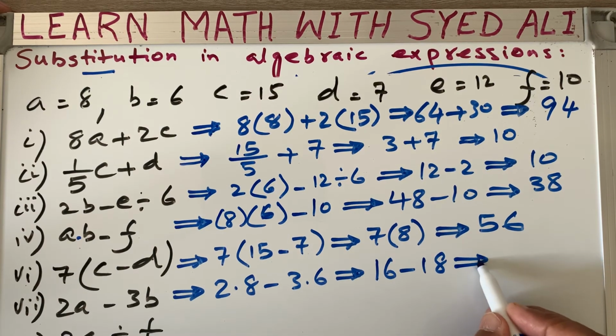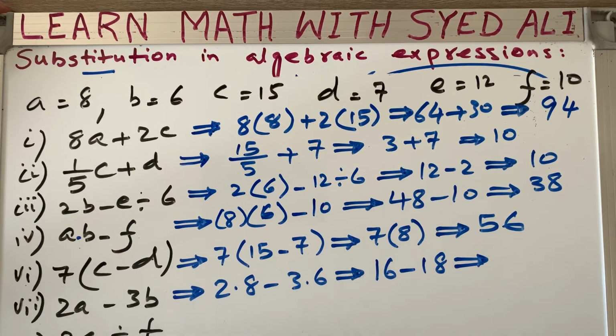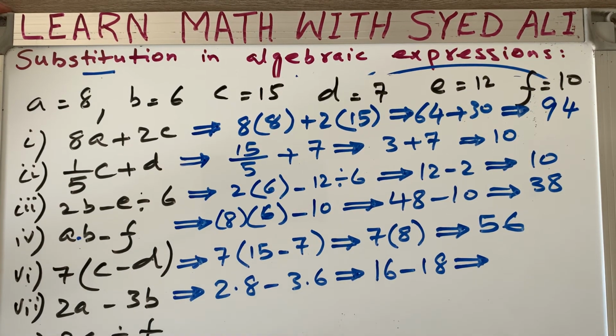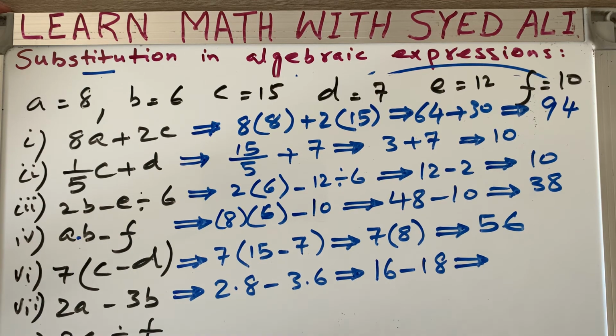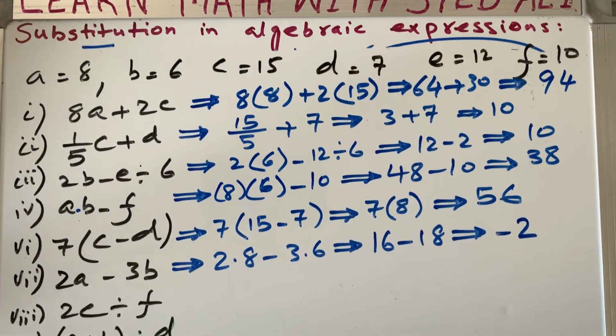And this time is a matter of thinking: 16 minus 18, right? Which in math is not possible, but in algebra it is possible, because on the number line, if you move 16 to the right and then come back 18 to the left, you get minus 2. You remember that, number line rules. We did some questions on the number line, if you remember.